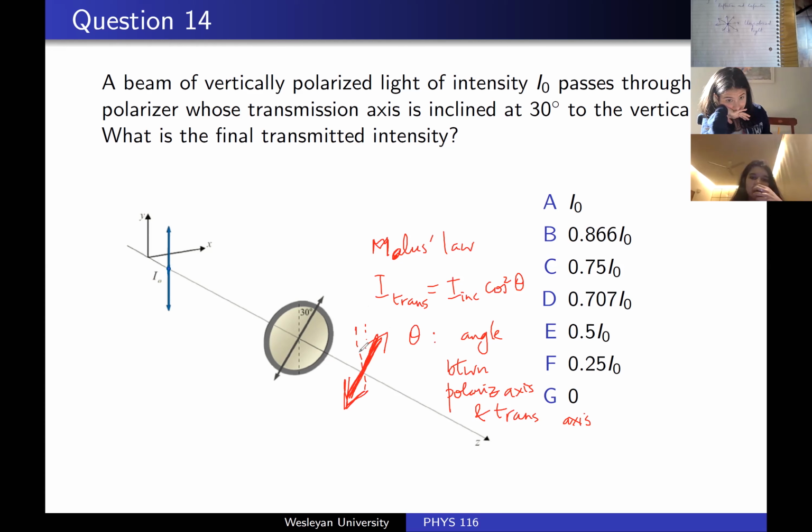Any questions about this? The transmission angle becomes the new angle of polarization, yes.